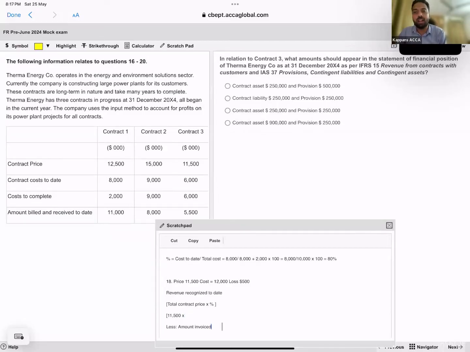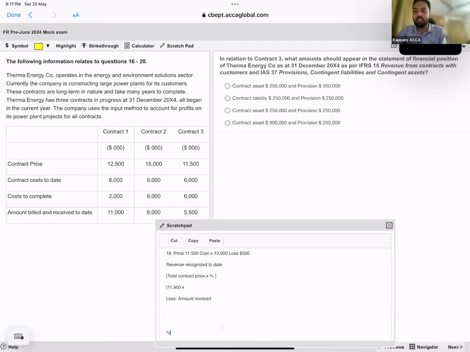You can prepare the percentage of completion using the input method: cost to date divided by total cost, multiplied by 100. Cost to date is given in the question. Contract cost to date is 6,000, divided by total cost. I'm just showing you how to get the total cost. It is cost to date plus cost to complete.